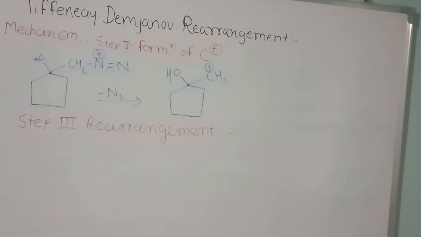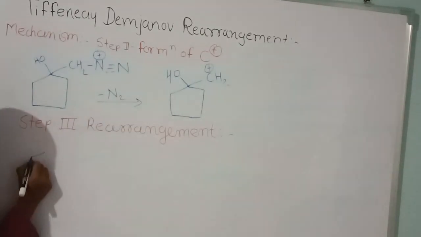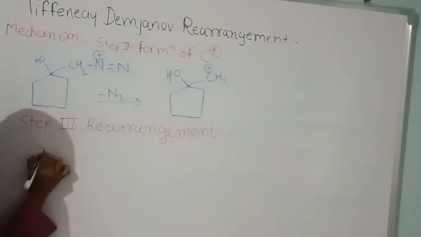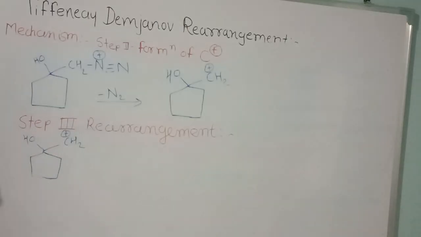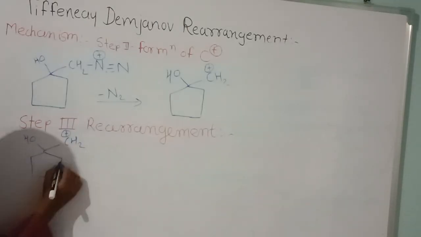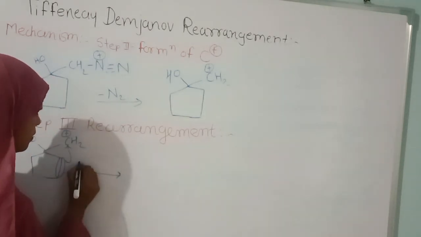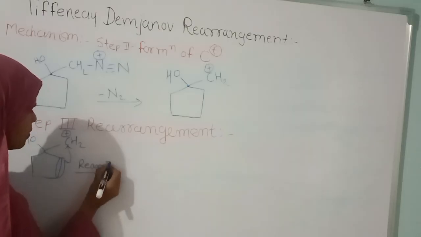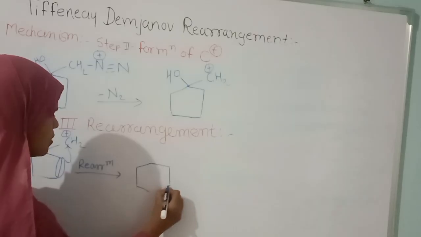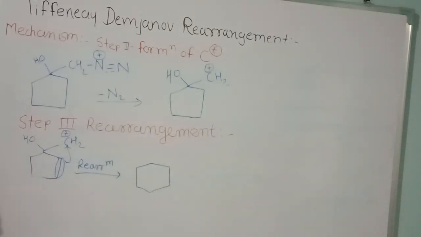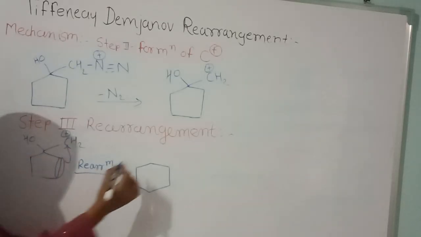Here, after formation of the carbocation, this bond will shift here. Rearrangement takes place. Then finally we get a 6-membered ring which has a positive charge. This bond will break.